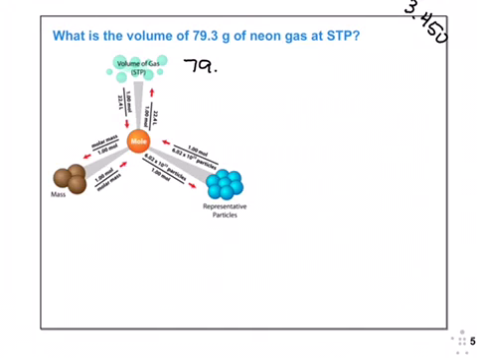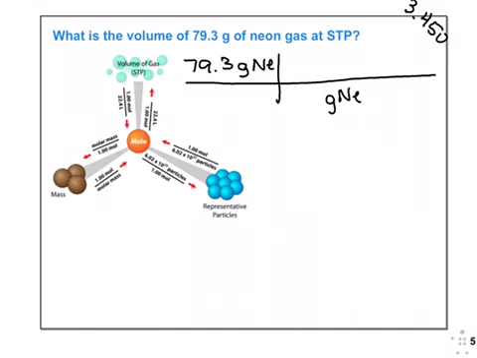We're given the 79.3 grams of neon. So we need to cancel out grams of neon. And what's the only way we know how to do this? The only ratio that deals with grams that would make sense to use here. Can we go grams to liters?